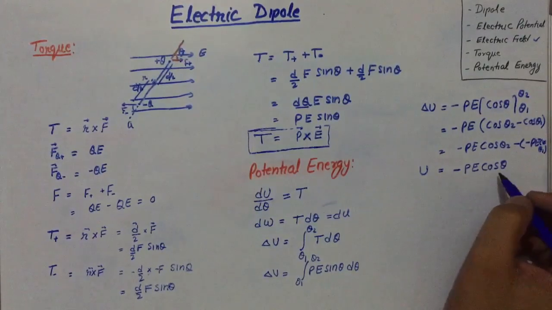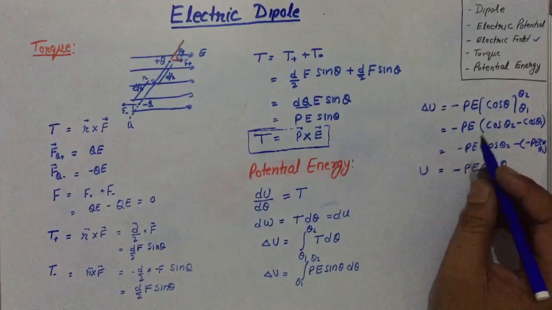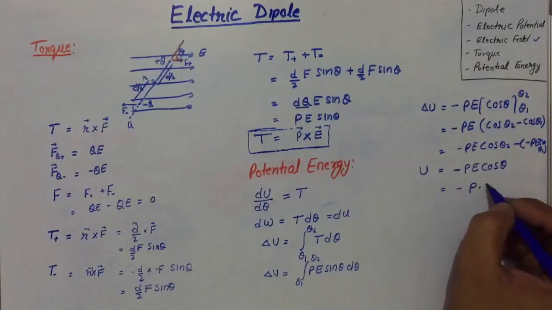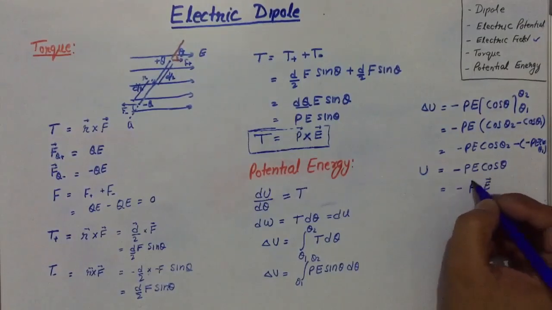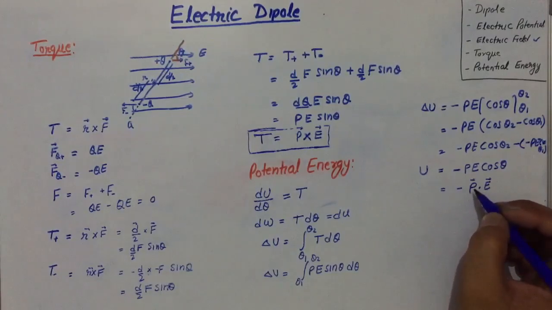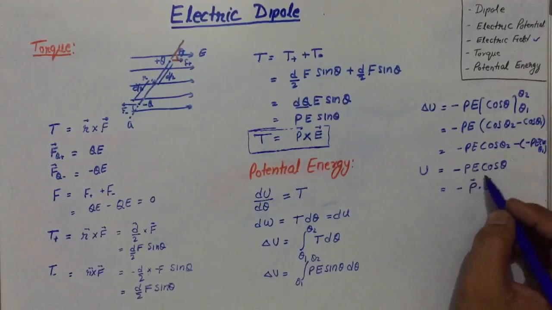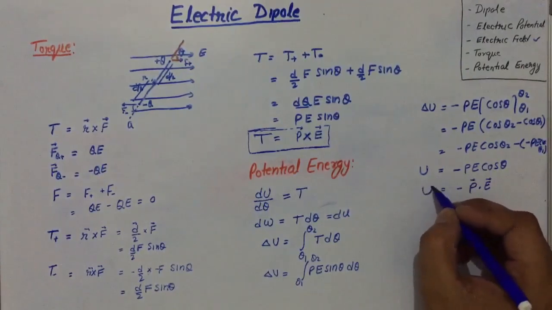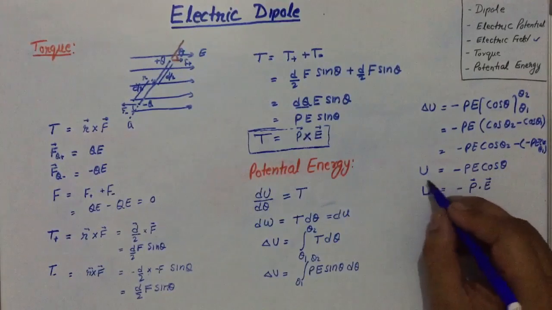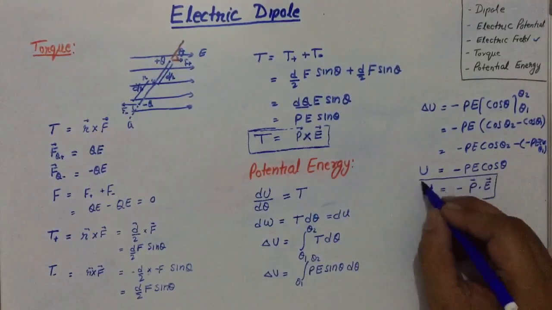Further, you can write minus P dot E, because both are vectors, so the dot product of these two will give us this. So U, that is the potential energy, can be written as minus P dot E.